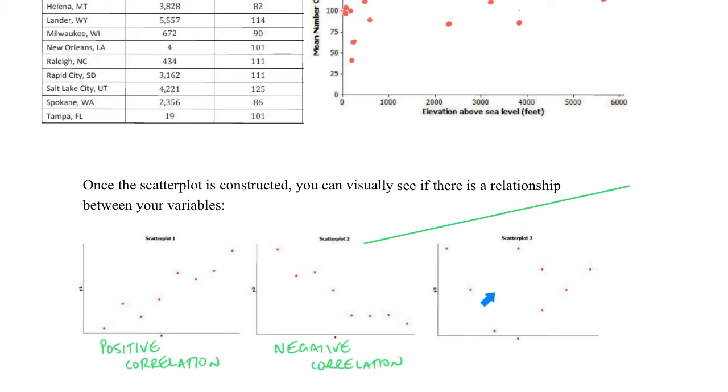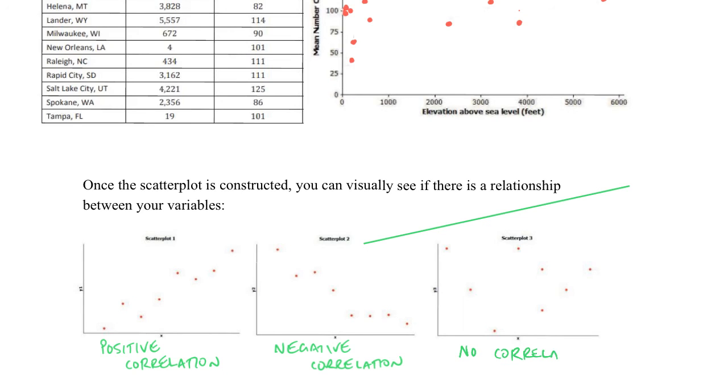And then with this one, I want you to notice that there's not really any sort of pattern. Here's one that's on the low end of the x-axis, but the high end of the y-axis. And then over here, we have a data point that's pretty far up the x-axis, but pretty low on the y-axis, and vice versa. They're just all over the place. And so for something like this, we would say that there's no correlation or a weak correlation.